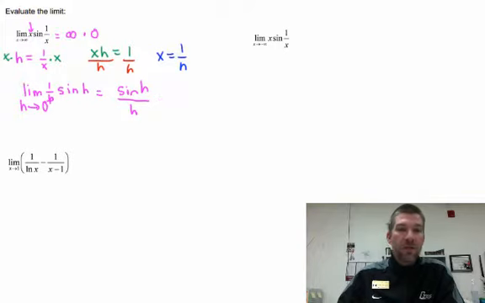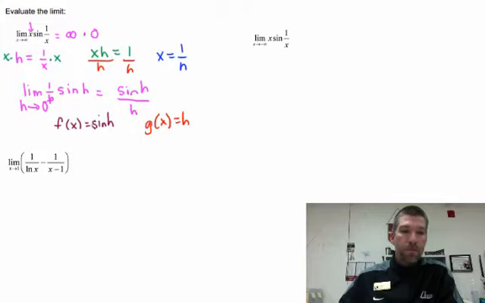Take the derivative of the top and the bottom. f of x is going to equal sine h. g of x is going to equal h. So when you take the derivative of the sine, f prime of x equals cosine h, and g prime of x equals 1.